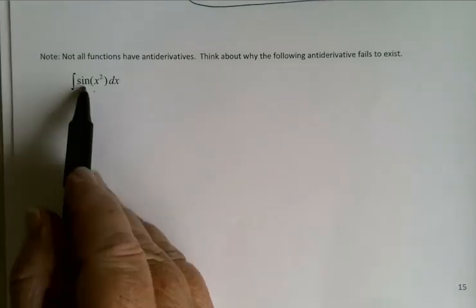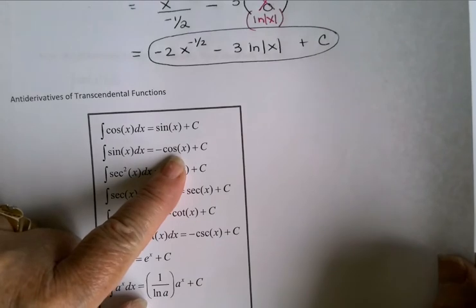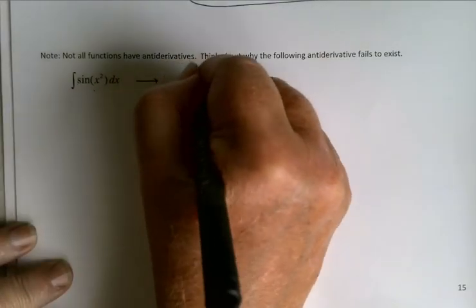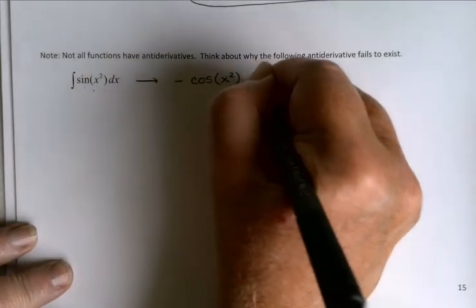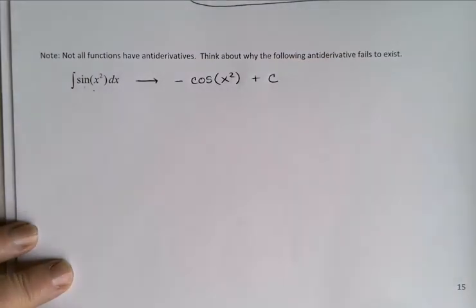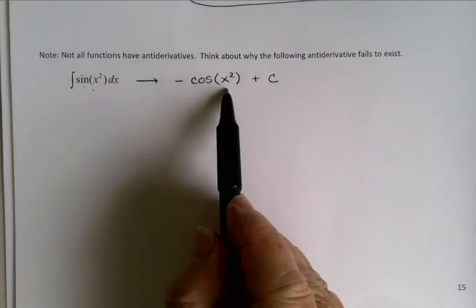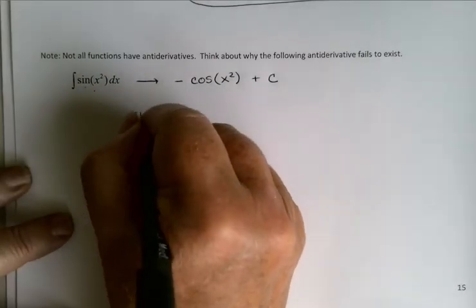Well, the antiderivative of the sine function is minus cosine. So I could try minus cosine of x squared plus c. But if that's truly the antiderivative, I should be able to take the derivative of this and get back here. So let's check.